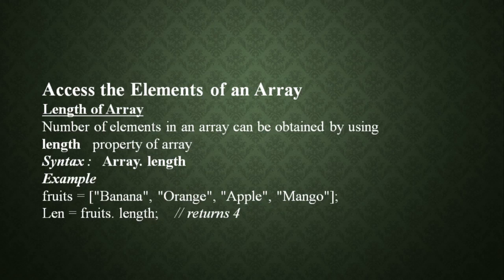If you observe in this example, fruits, I have taken 4 elements: banana, orange, mango and apple. Length equals fruits.length. What does it return? What is the size of our array? 4. The length specifies the number of elements in an array.